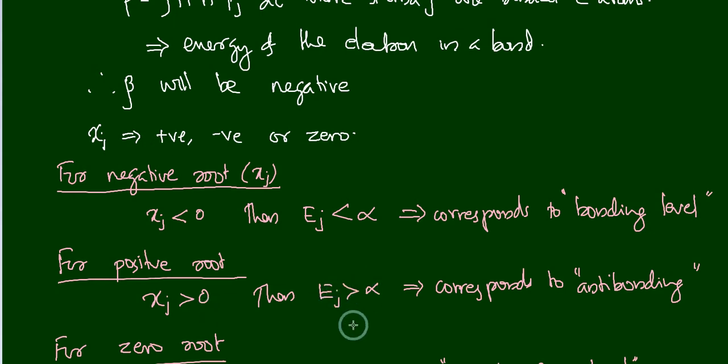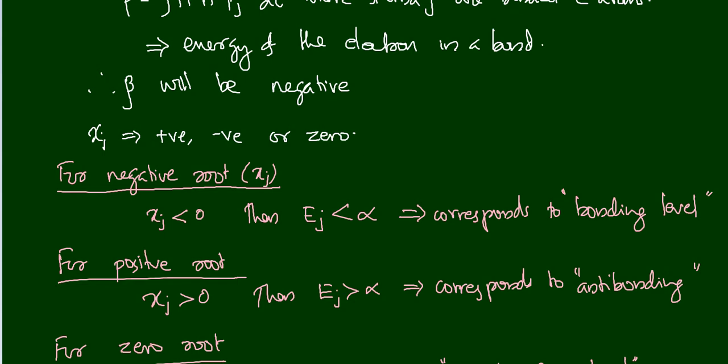Then ej will be greater than alpha. It corresponds to antibonding: the Hückel molecular orbital's energy will be greater than the energy of the atomic orbital. So when the Hückel molecular orbital is formed, no energy is saved. It means that it is an anti-bonding situation.